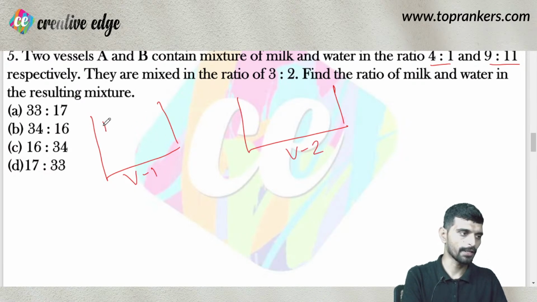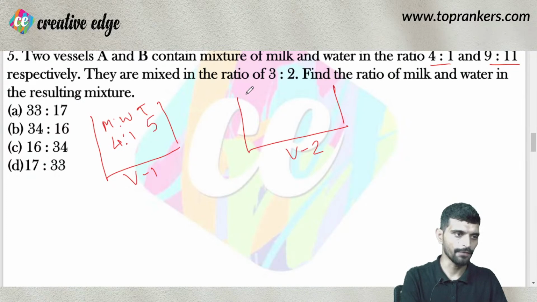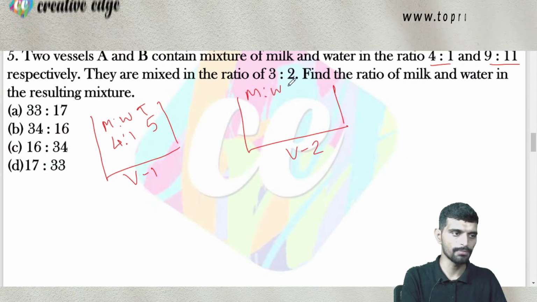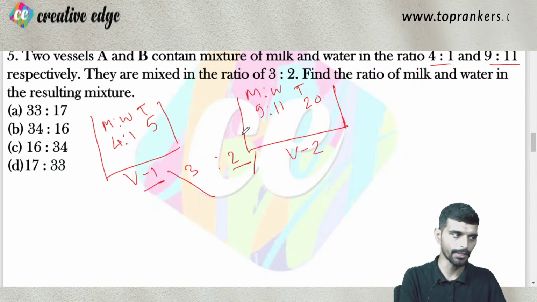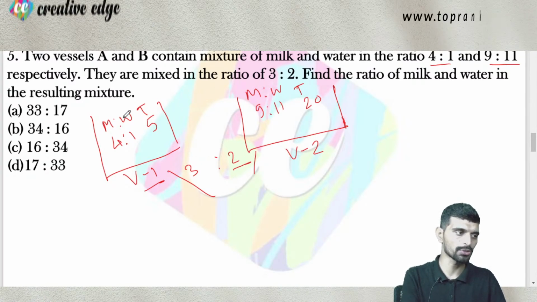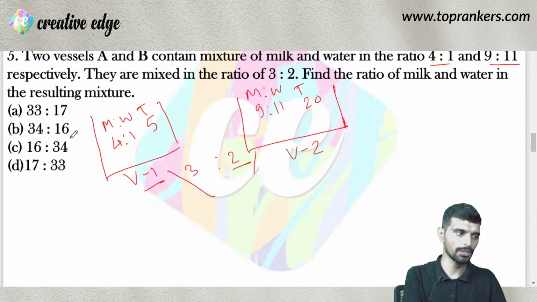Vessel 1 contains milk and water in the ratio 4:1, a total of 5, and vessel 2 contains milk and water in the ratio 9:11, a total of 20. When these two are mixed in the ratio 3:2, that is 3 parts of vessel 1 content and 2 parts of vessel 2 content, then the resulting solution will have the mixture in what ratio?